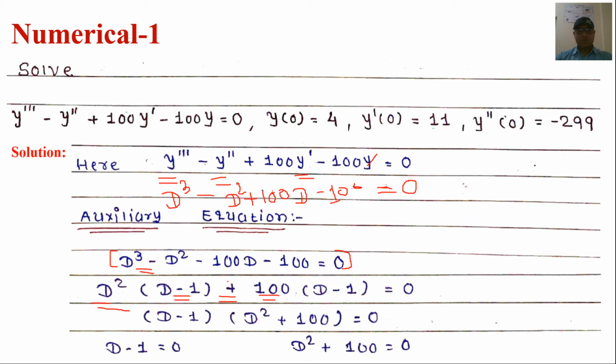Here it is plus 100 d, so take the 100 as the common, and in the bracket you will get d minus 1. Now d minus 1 is the common, so you will get (d minus 1) into (d square plus 100) is equal to 0.